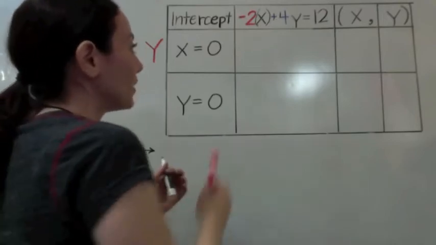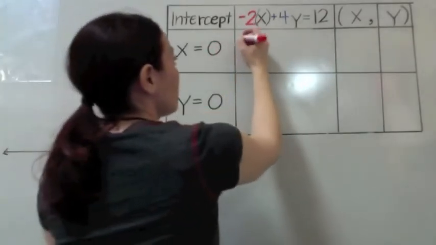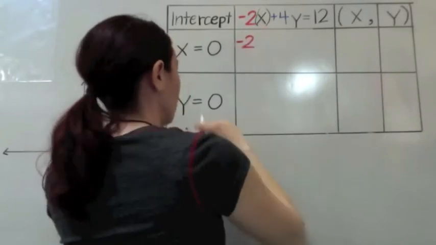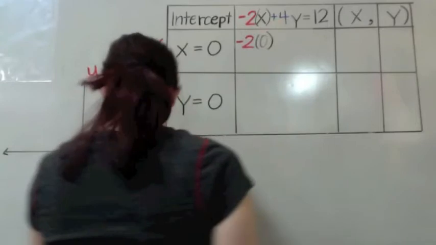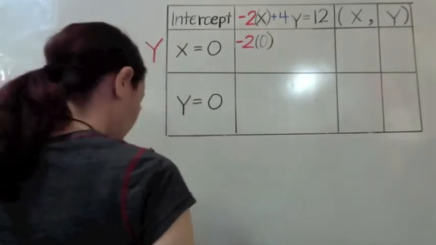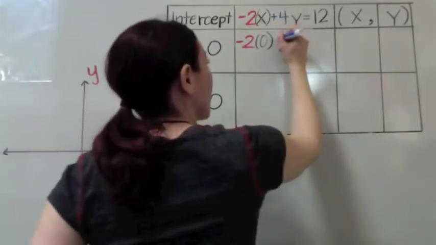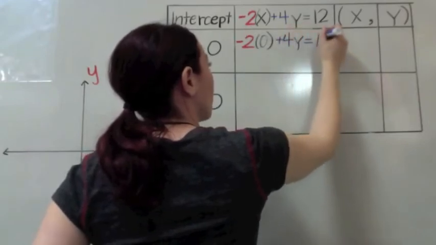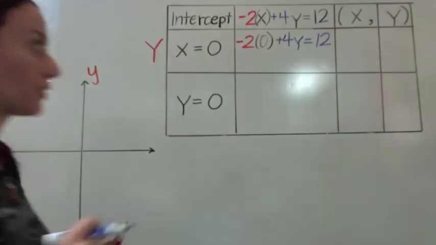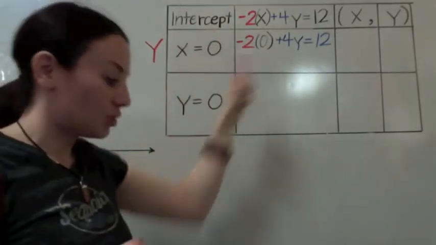So if 0 is x, and we say, okay, -2 times 0, and then we add 4y to that, plus 4y equals 12. Okay, we can't stop here. So what is -2 times 0?